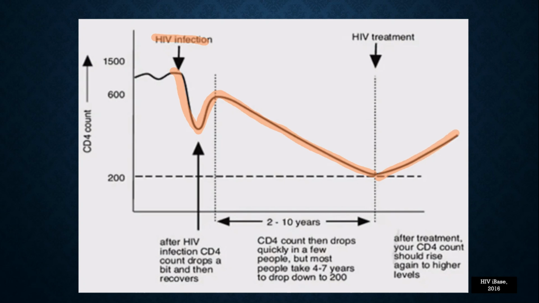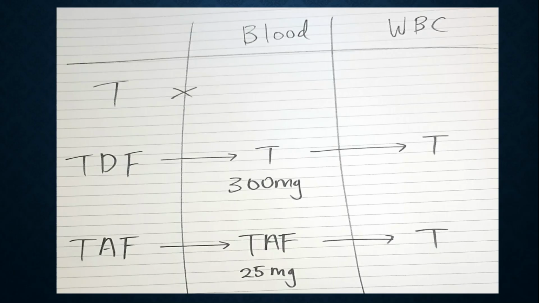So what is the treatment? 2 NRTI plus 1 INSTI, and let's check out the difference between the types of tenofovir, the NRTI. Tenofovir itself cannot cross the blood-brain barrier. However, when you make it as a TDF salt, it will cross the barrier, and then it can enter the white blood cell.